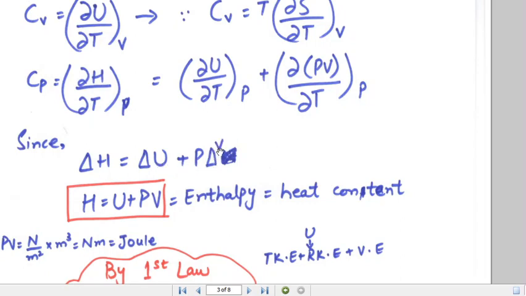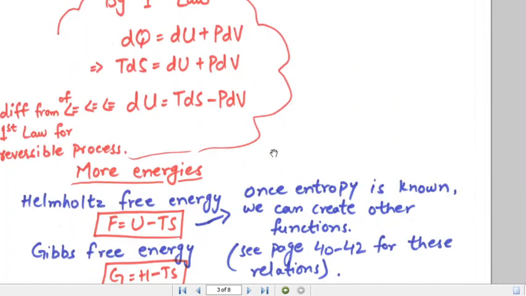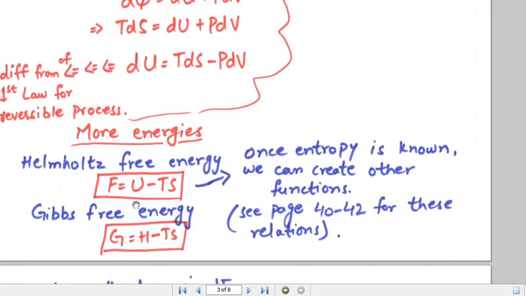Two other important energies are the Helmholtz free energy, which is defined as F equals U minus TS, and the Gibbs free energy, which is denoted by G and equals H minus TS. These are very important energies in thermodynamics. Helmholtz free energy is related to systems at constant volume, and Gibbs free energy is related to systems studied at constant pressure.